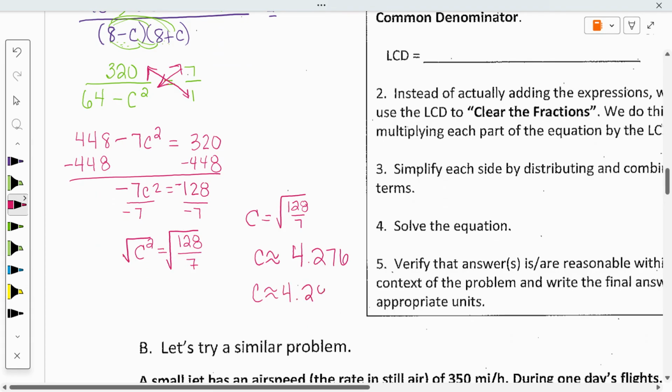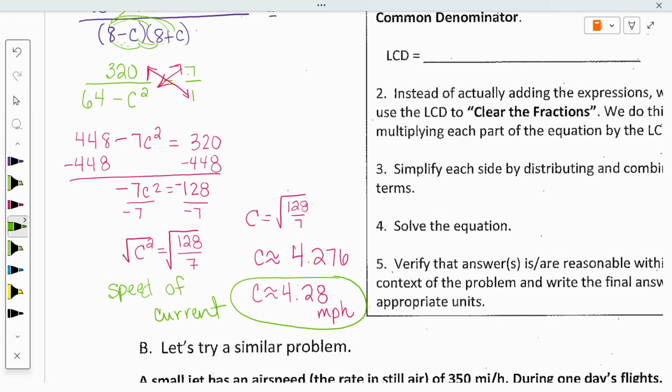And we're talking about the speed of the water, miles per hour. This is the speed of the water or the current. Okay. Questions?